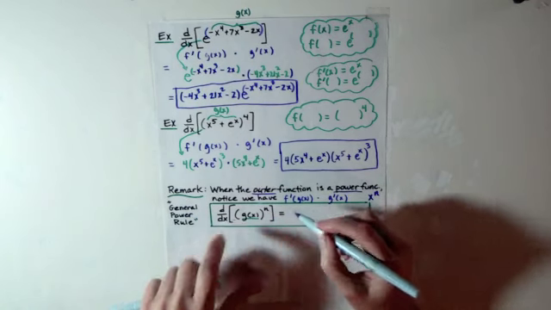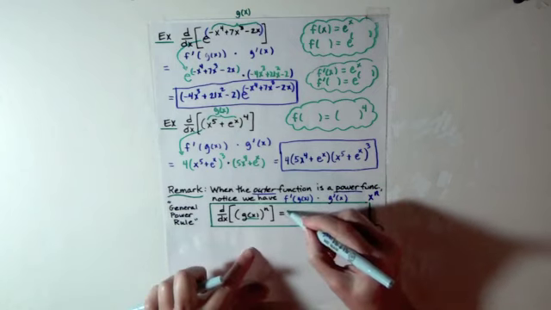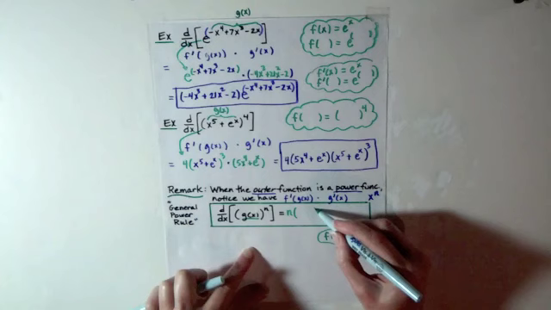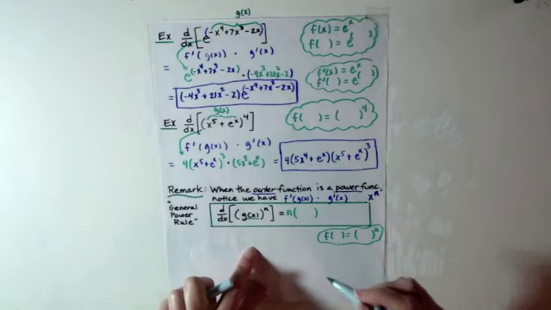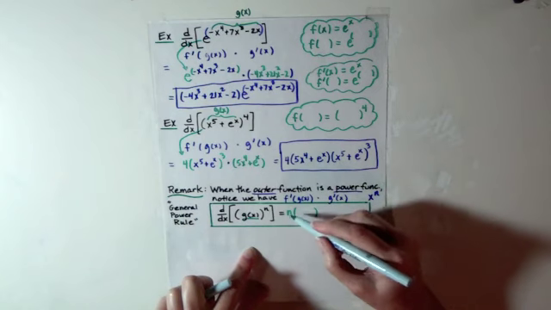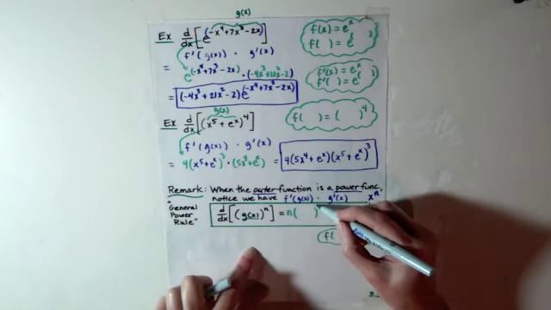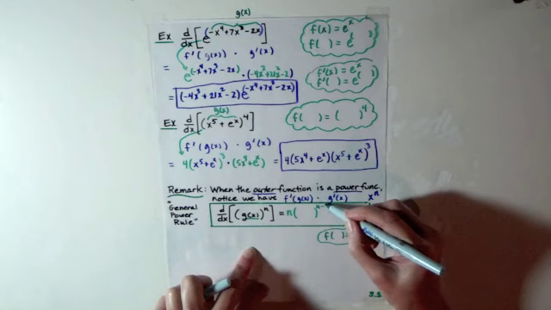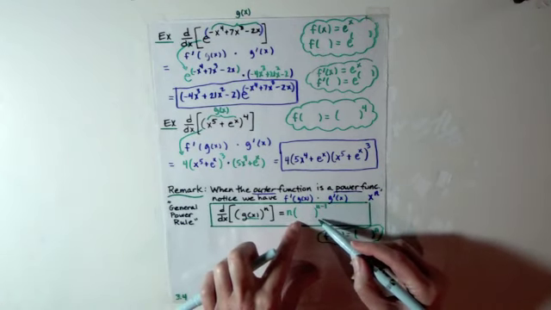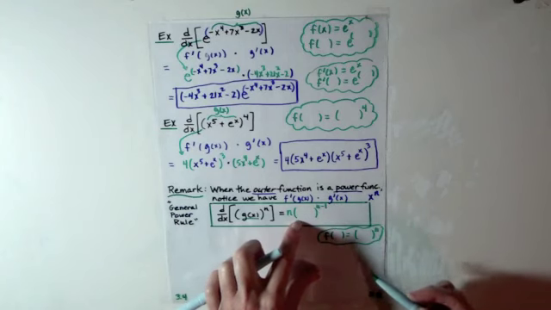I pull down the n. So when I take the derivative of the outer, I would pull down the n, and it would be evaluated wherever I want, so it's n times whatever, and then this would be raised to one lower power. So I pull down the n, one lower power would be n minus 1. So n times whatever I plug in raised to one lower power, the n minus first power.